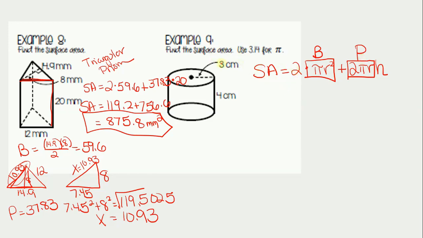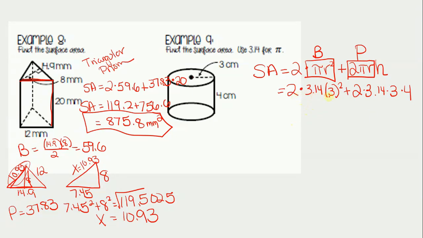So my radius on this cylinder is 3. So I got 2 times, I'm going to change pi into 3.14 here. My radius is 3, so I'll be 3 squared, plus 2 times 3.14 times my radius, 3, times my height, which is 4. This thing's 4 centimeters tall. Whew, that's a lot of math here.